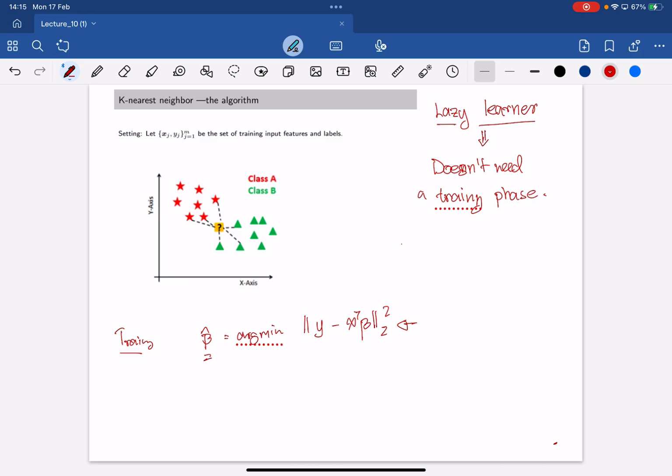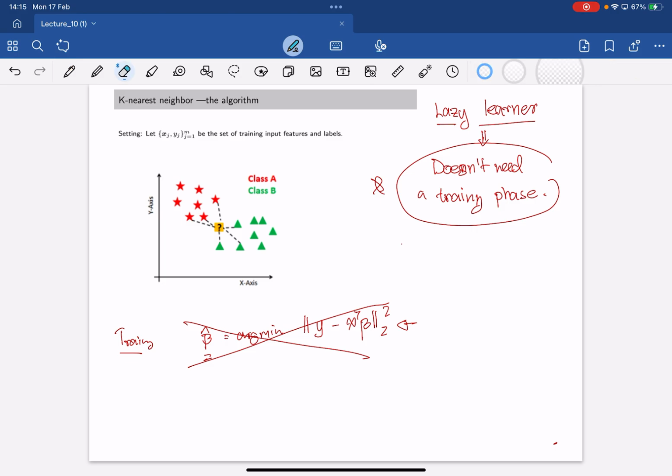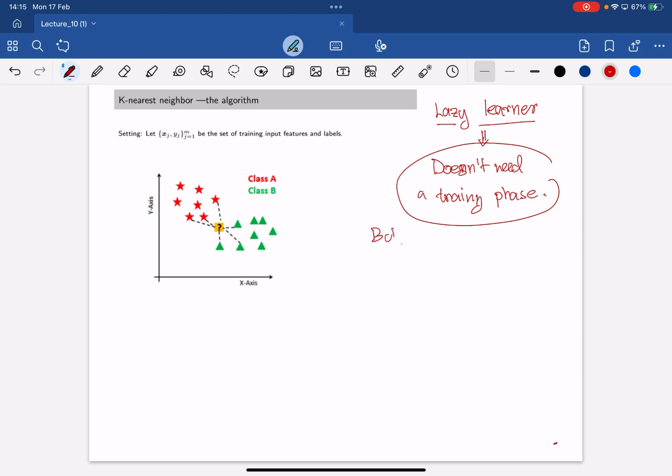This means that you need a training phase where you have to learn model parameters. But k-nearest neighbor does not need this at all. What it needs, firstly, is that it still needs training data.